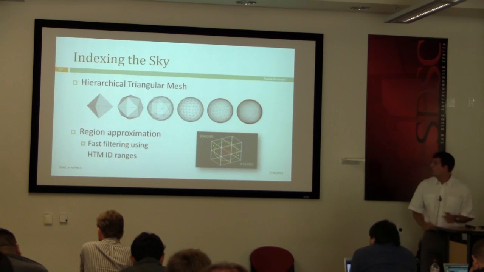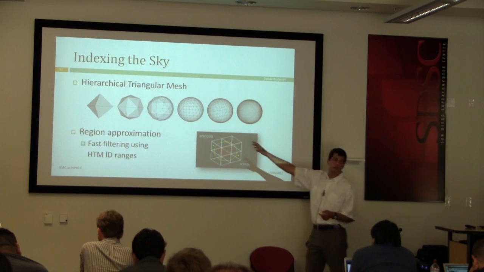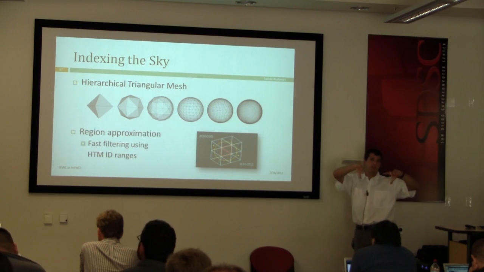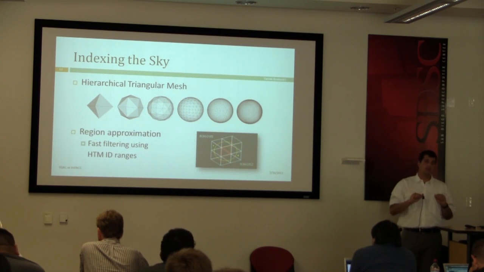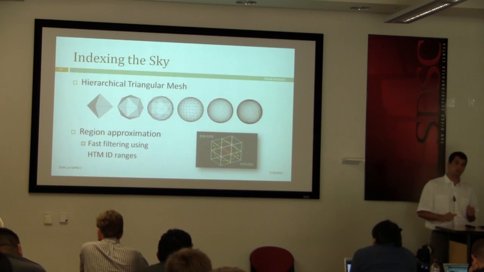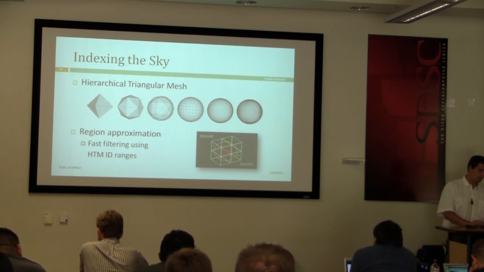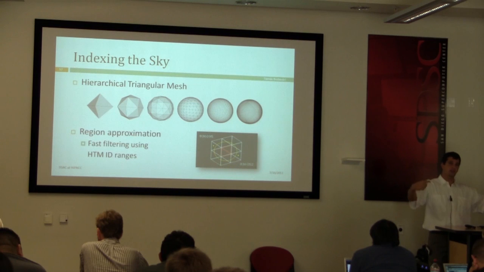What you start with here is the octahedron, and you divide every triangle into 4 triangles in every step. As you go down, you very quickly get a very good approximation of the whole sky. This is just shown like this so that you see, but it actually is all done with spherical triangles.